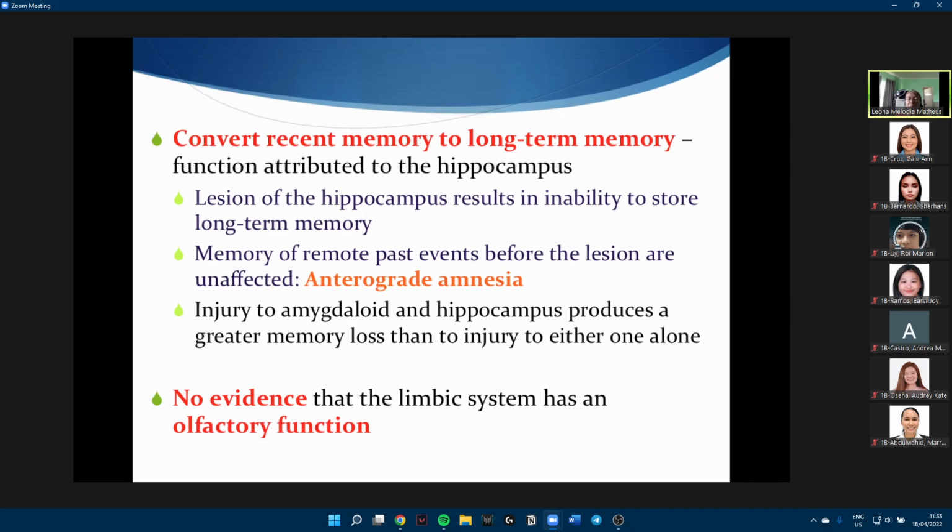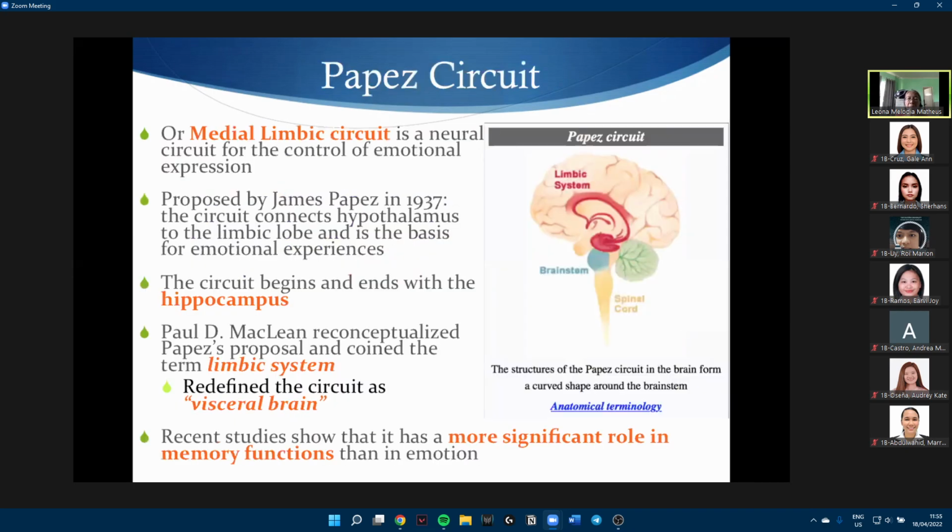Okay? So lastly, we speak of the Papez circuit. The Papez circuit was originally known also as the medial limbic circuit and is said to be for the control of emotional expression. Yun yung initial, no?